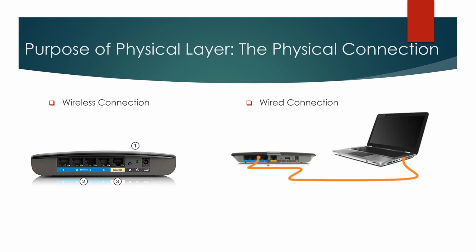For devices to connect to the network, they must have a network interface card. The network interface card can be of two types. We may have an Ethernet network interface card, which in this case is used for wired connection, as shown in the figure.